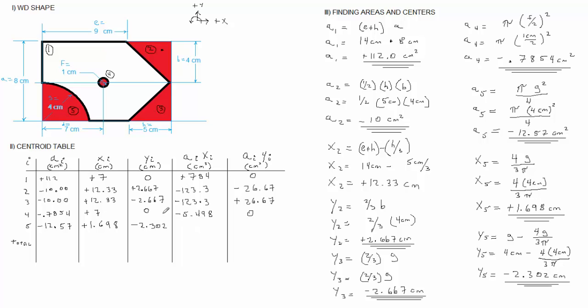Now we multiply those numbers out. And then for our total rows at the bottom, we just add up the columns. We only need to add up 3 columns, the area column, the AiXi, and the AiYi column. The total area is going to be positive 78.65. The total AiXi is going to be a positive 510.5.